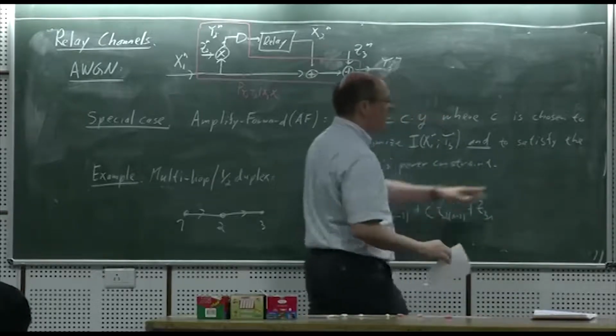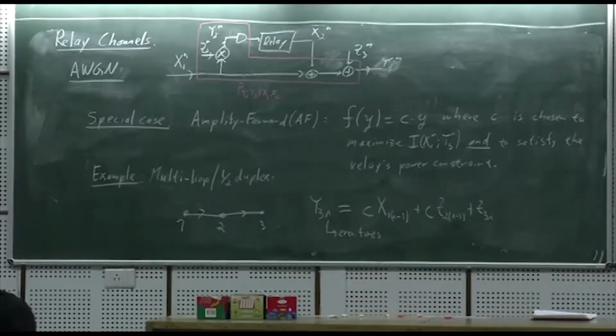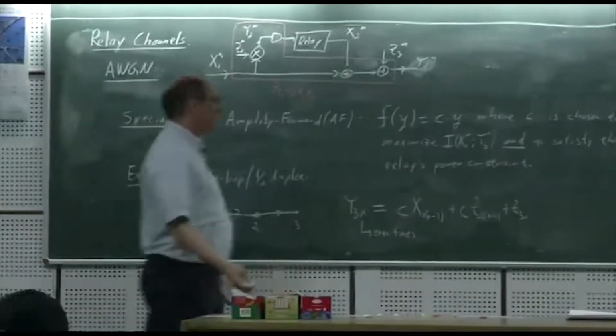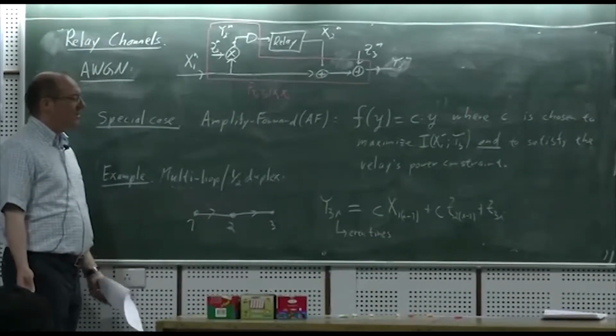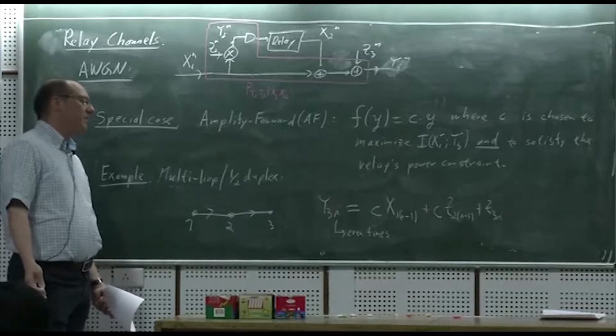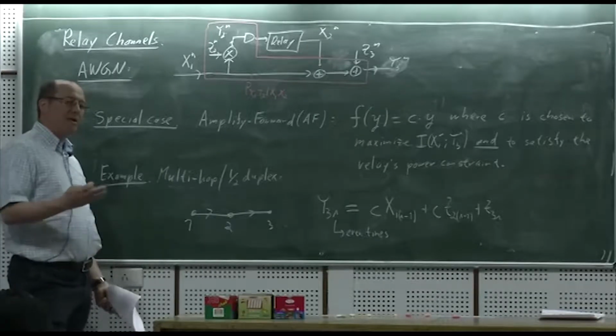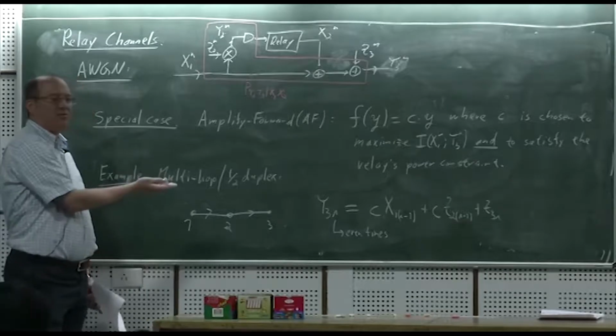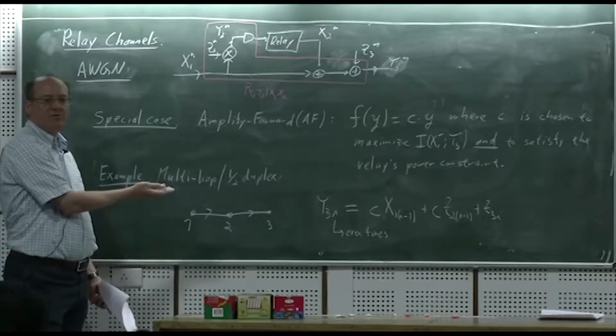So it's just this function right here, a constant times this. And so effectively, we have a channel that is being used half the time. We pay quite a large price in rate by using it only half the time, but otherwise, it's just a plain old additive white Gaussian noise channel.